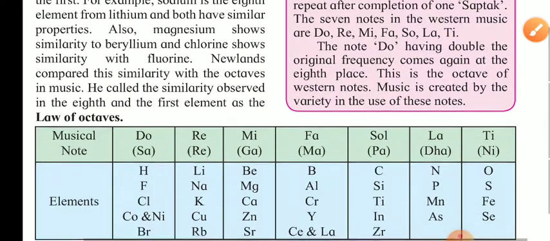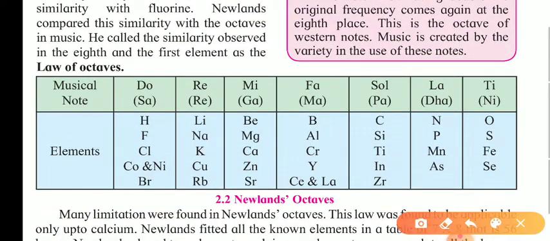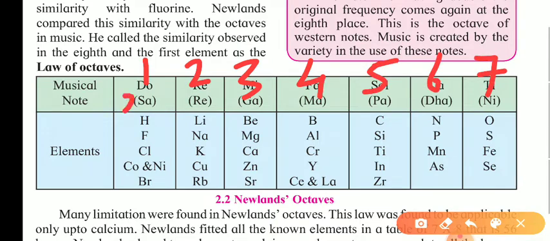He said that we should arrange these elements in the increasing order of their atomic masses, and every eighth element, if I number them first, second, third, fourth, fifth, sixth, seventh, and then the eighth comes, is like the first one: hydrogen, lithium, beryllium, boron, carbon, nitrogen, oxygen, and then fluorine.